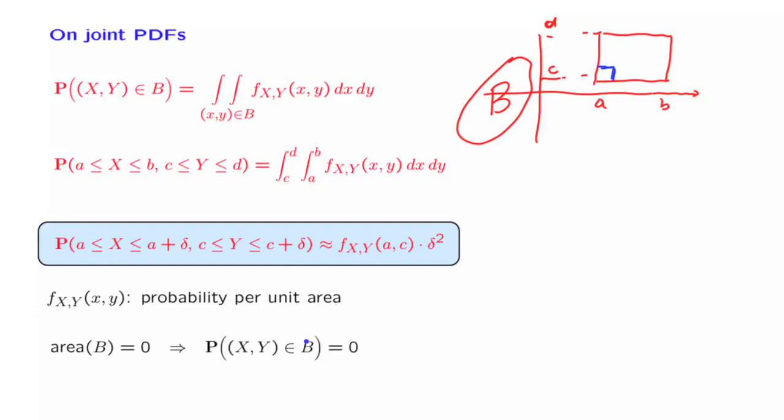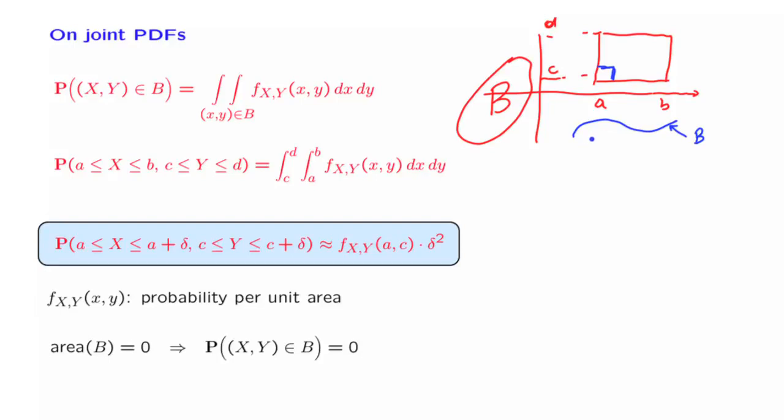If you take a set B that has zero area, for example, a certain curve, suppose that this curve is the entire set B, then the volume under the joint PDF that's sitting on top of that curve is going to be equal to 0. So, zero area sets have zero probability, and this is one of the characteristic features of jointly continuous random variables.